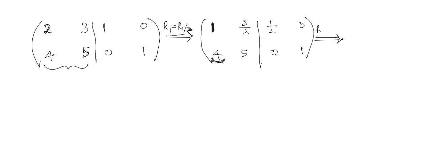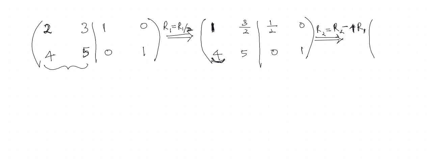This is nothing but the old row 2 minus 4 times the row 1. Makes sense? Yes, uncle. Because you see the 4 in row 2, we want that to become a 0. So use the row 1 element 1, multiply that by 4, so 4 minus 4 becomes a 0. You're okay with that? Yes, uncle.